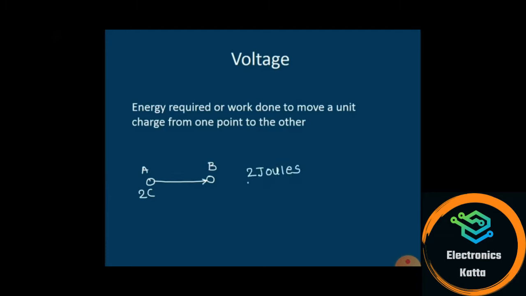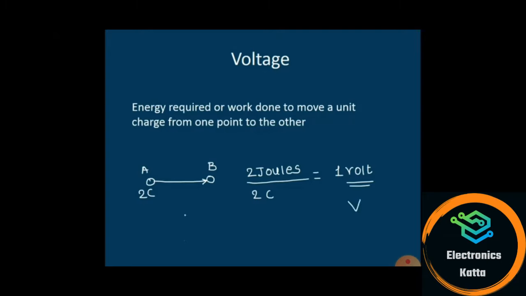The voltage or potential difference between points A and B is 2 joules divided by 2 coulomb, that is 1 volt. The unit of potential difference or voltage is the volt, denoted by the symbol V.